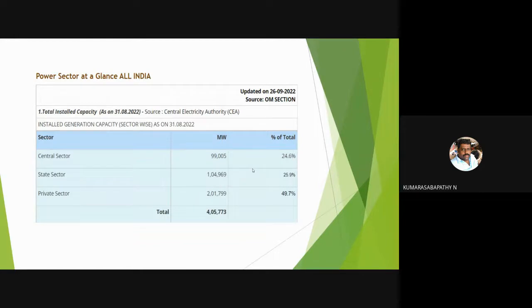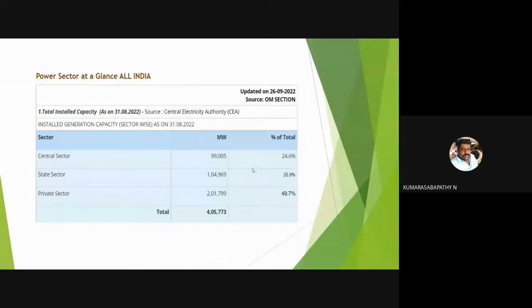Out of the 100 percent total power generated in India, 24.6 percent is generated from the central sector, that is the central government sector, and 25.9 percent is generated from the state sectors.